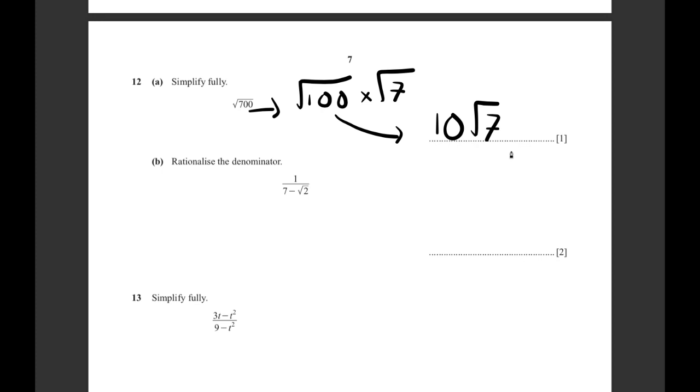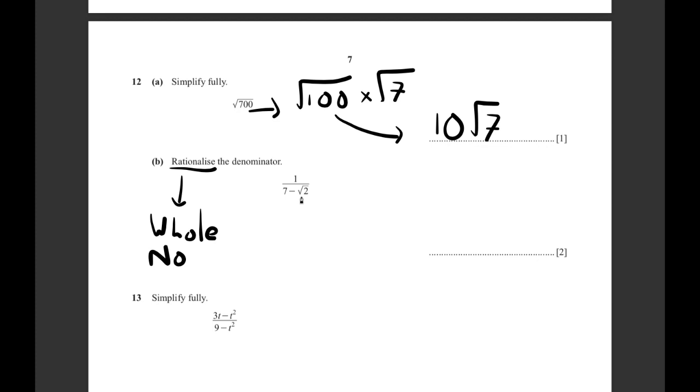Now, rationalizing the denominator. This keyword rationalize means to make the bottom a whole number. So we're going to have to approach this in a very particular way to make it a whole number. What we're going to do is multiply by its conjugate.